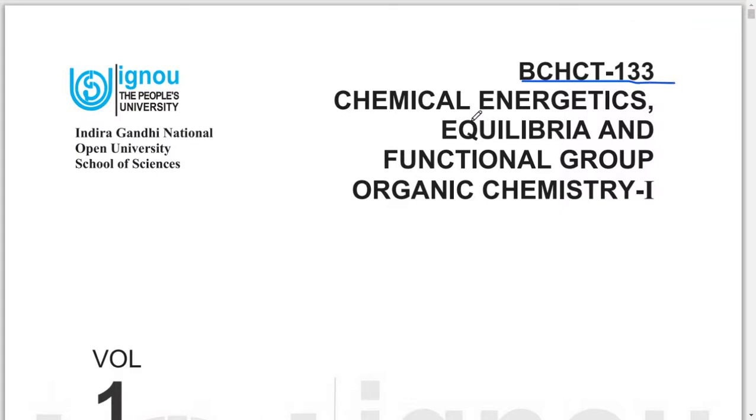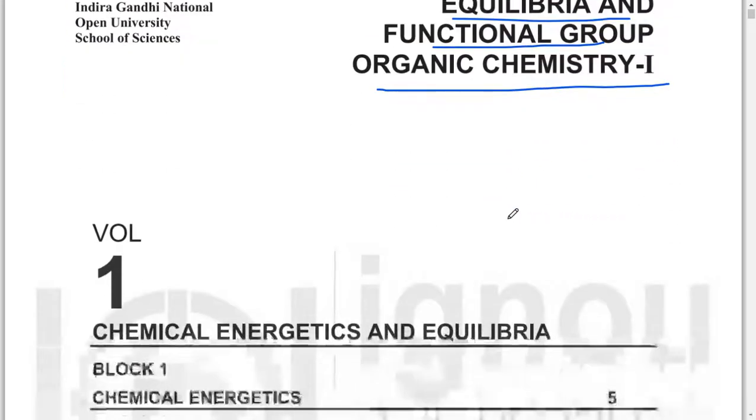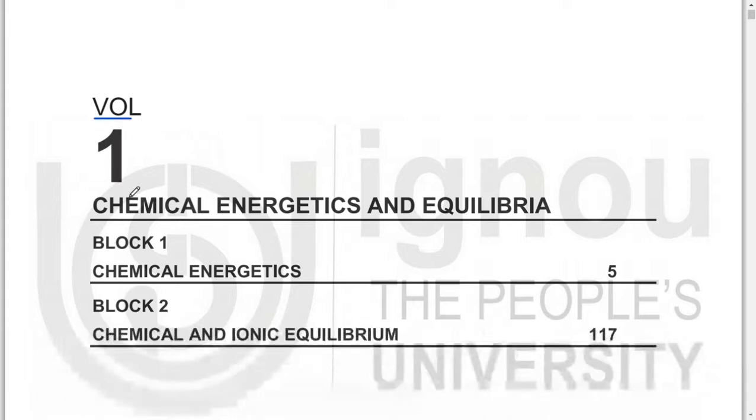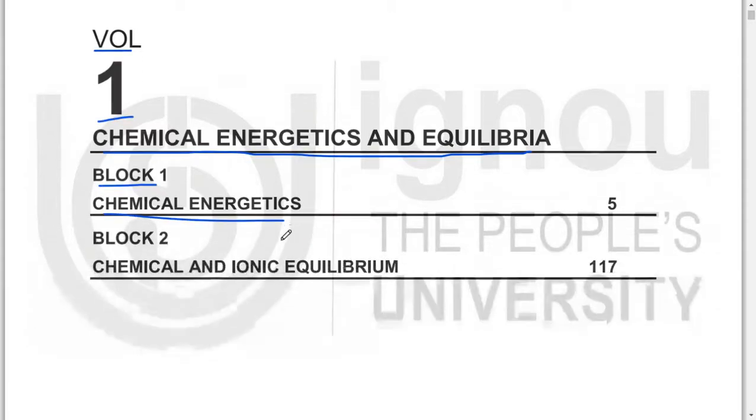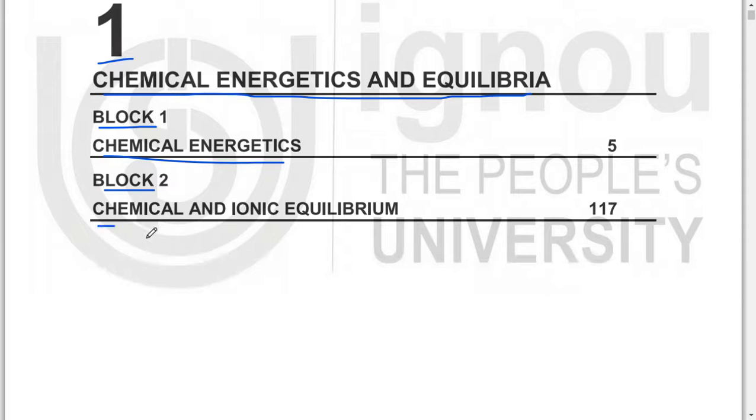133 Chemical Energetics, Equilibria and Functional Group Organic Chemistry 1. Volume 1, Chemical Energetics and Equilibria, Block 1, Chemical Energetics, Block 2, Chemical and Ionic Equilibrium.